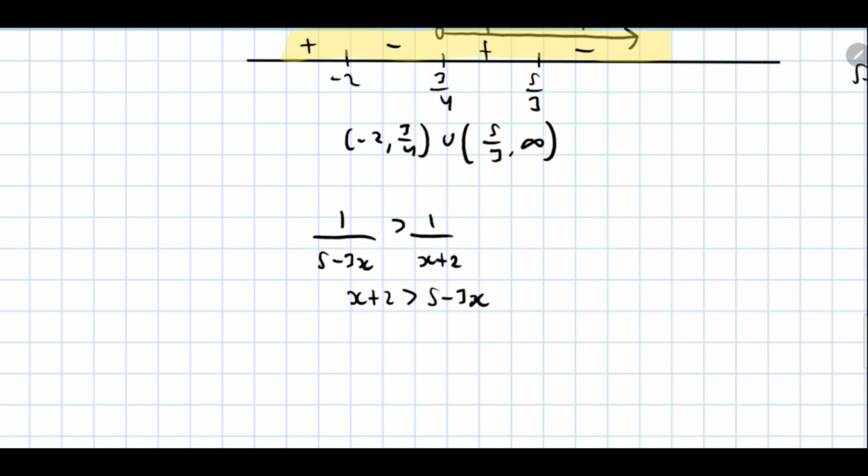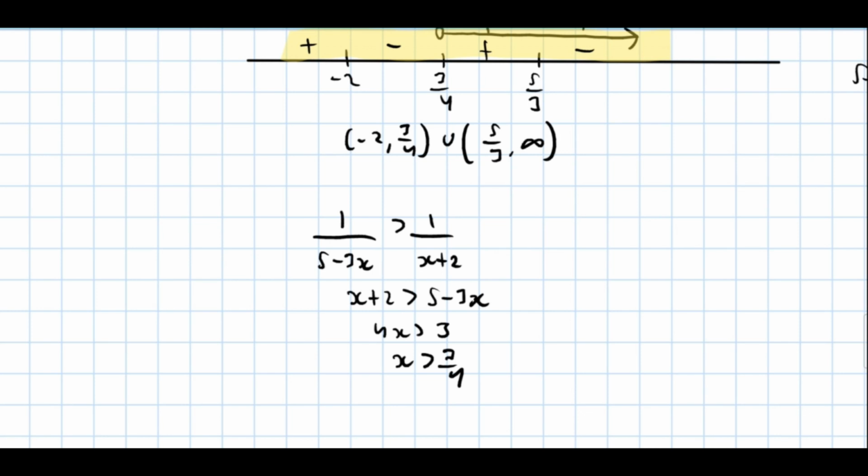Then I simplify it. Now I have 4x larger than 3, that x is larger than 3/4. Okay, so x is larger than 3/4. Well, this is untrue. This inequality itself doesn't satisfy the inequality that we have.